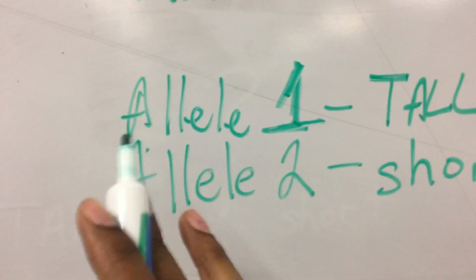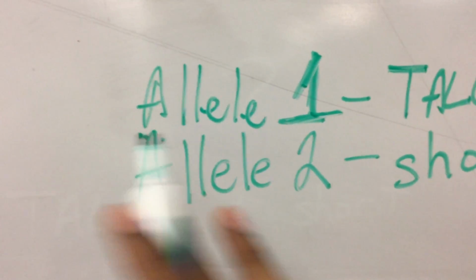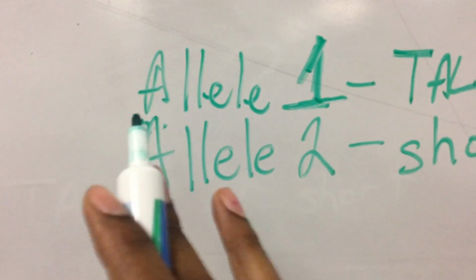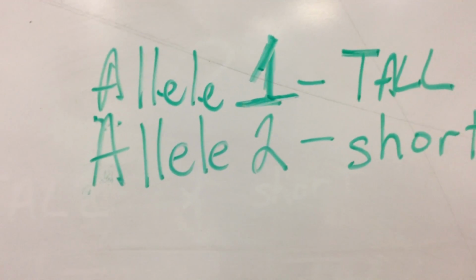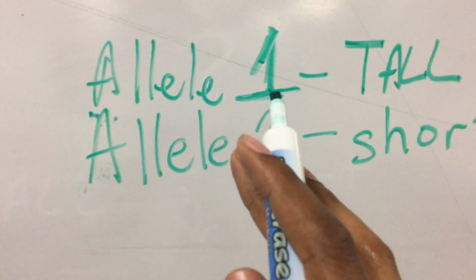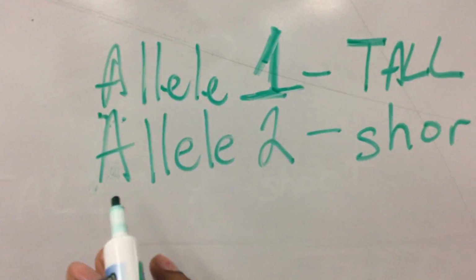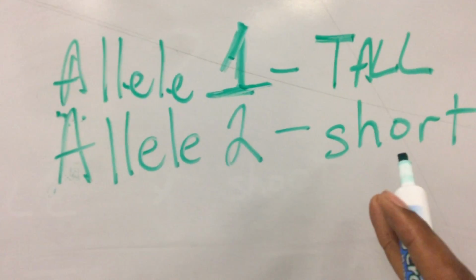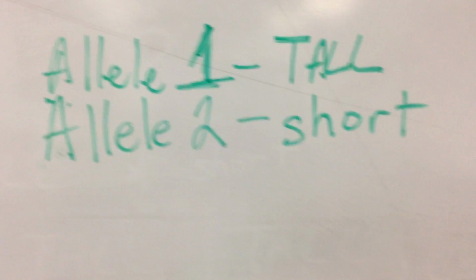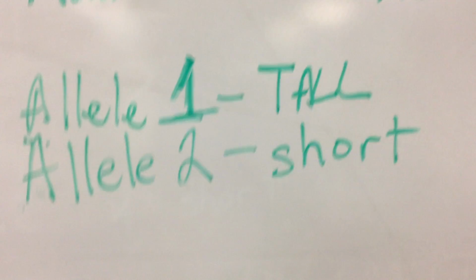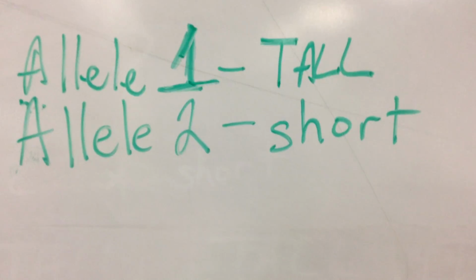Now, hopefully you were able to get what I mean by allele using context clues, but if not, I'm going to make it really clear right now. Allele basically means version. So this is version 1 of the gene, it'll make the plant tall, and this is version 2 of the gene, it'll make your plant short. So instead of calling these versions, we call these alleles, because you can have many different alleles of a gene, okay?